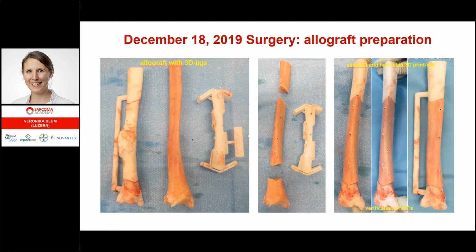Here you can see how the allograft was prepared, and also the osteotomies on the allograft verified.